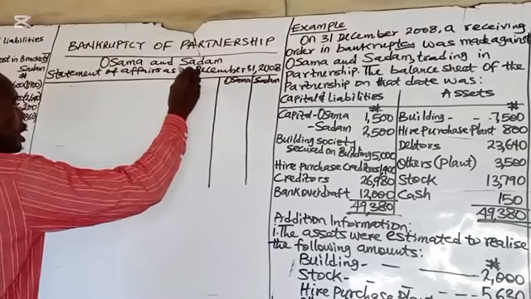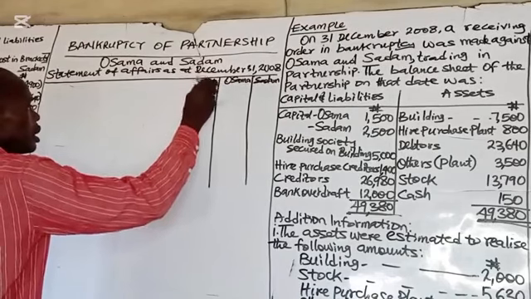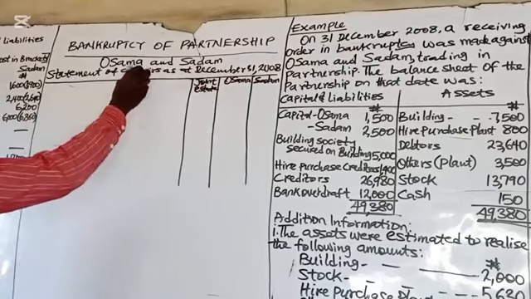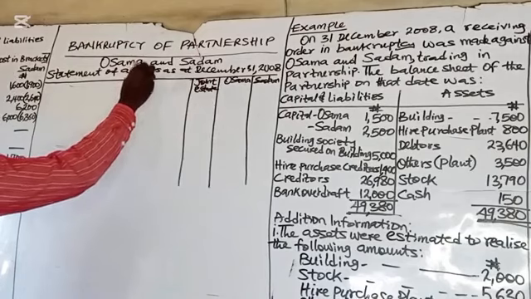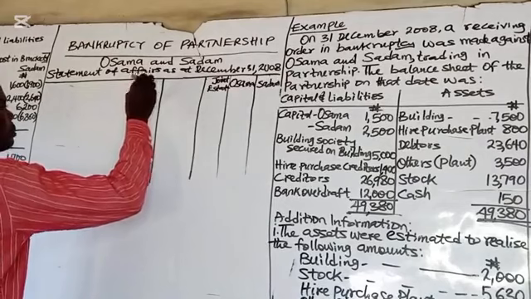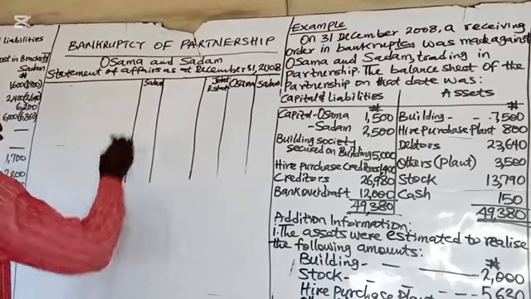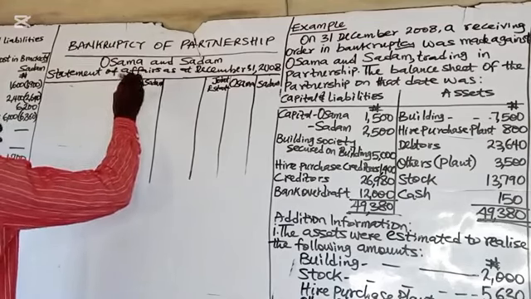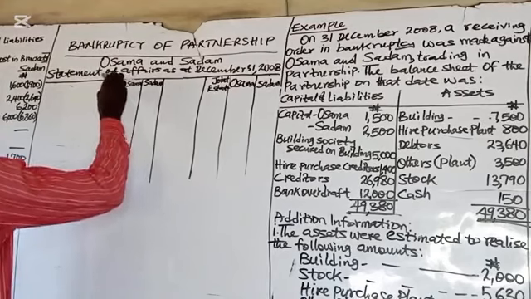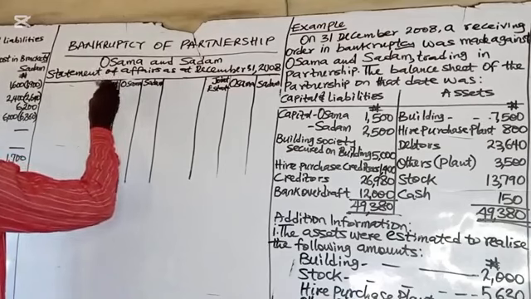They have joint estate. So Osama, Saddam, then we have joint estate.